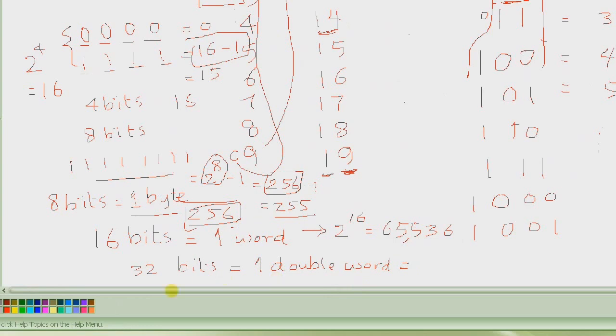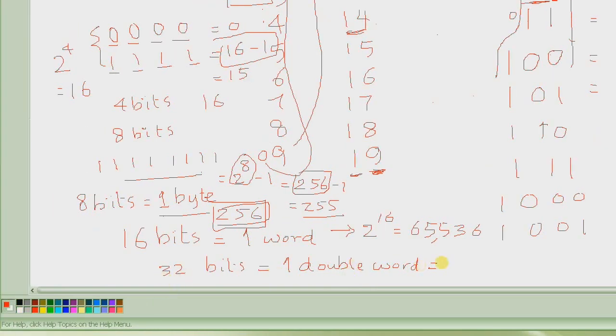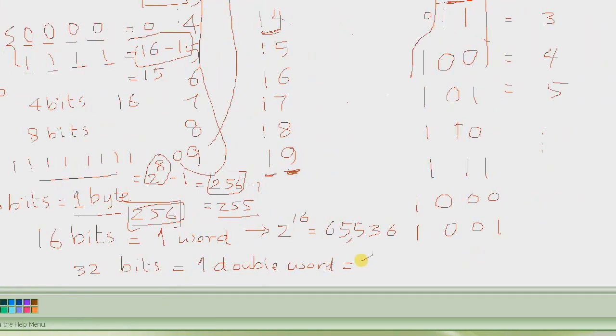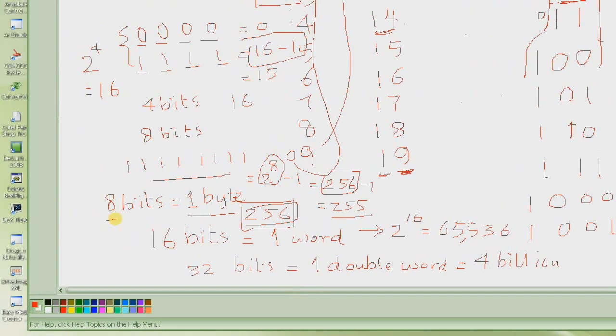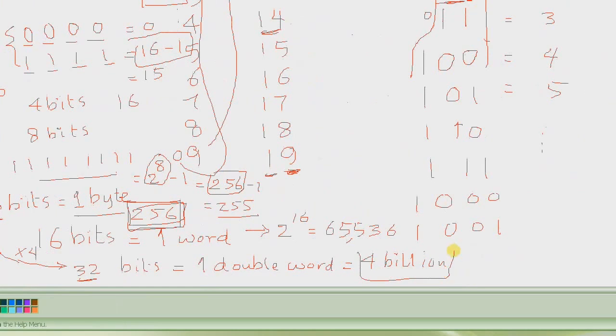And in 1 double word, which is only 32 bits long, we could write 4 billion numbers. So that's quite a bit. See how we just went from 8 to 32, which is 4 times more bits. We can go from 256 total numbers to 4 billion numbers.